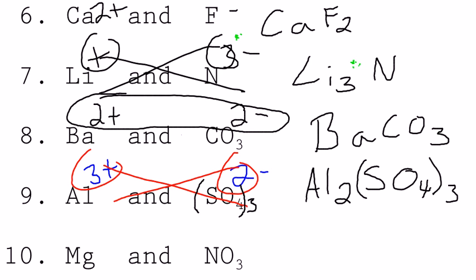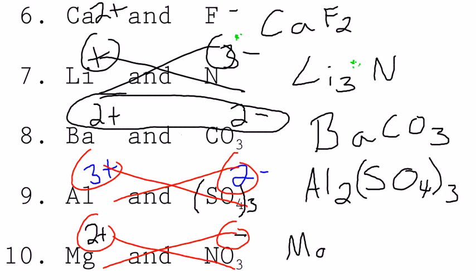Reviewing this one last time for magnesium. Magnesium is a group 2 metal, so it's got a 2+ charge. Nitrate is -1. Now you could either think about it like 2 of these is going to equal 1 of these over here, or you could use our shortcut and do the switcheroo where the 2 comes down here and the 1 goes over there, giving us Mg, and then no number because we don't write ones, and we have 2 NO3s.